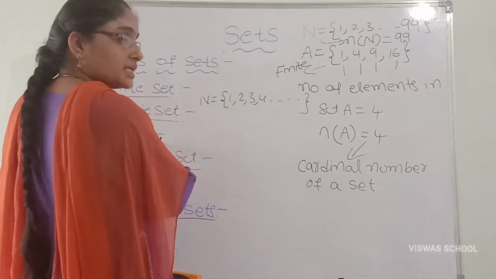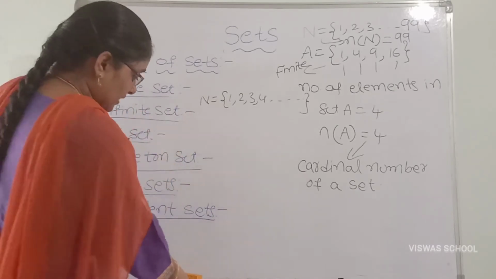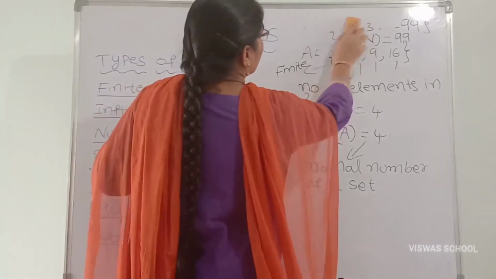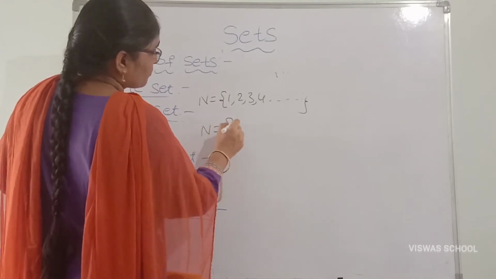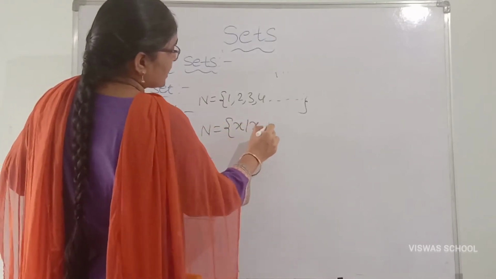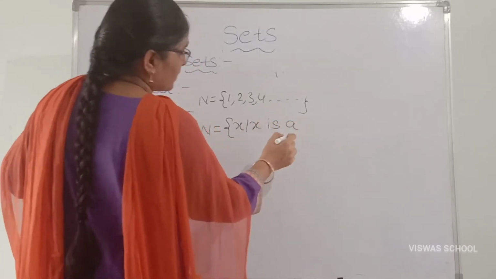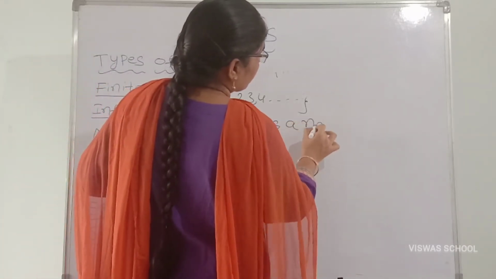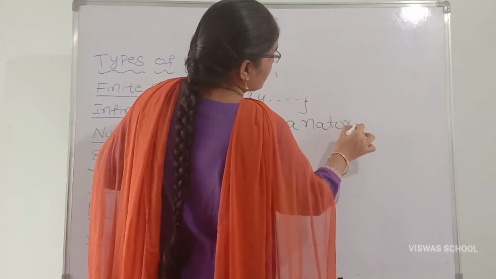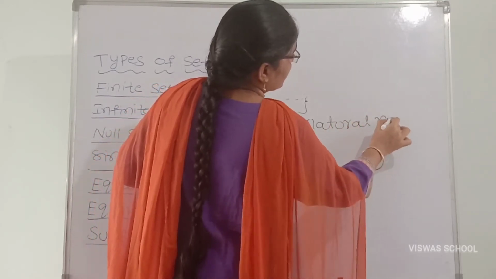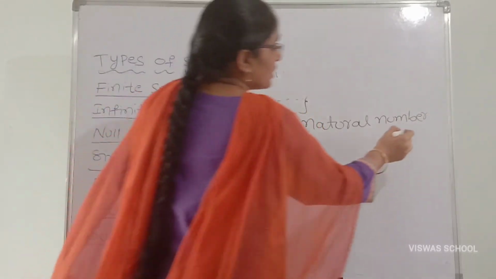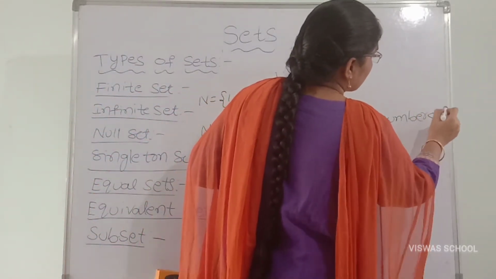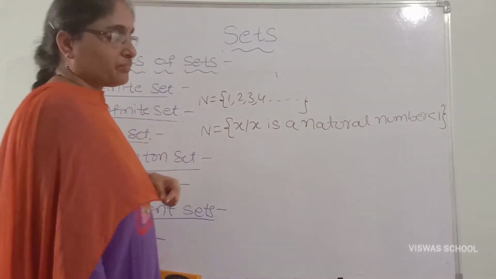Next, see here, null set. Example: N equals x such that x is a natural number less than 1.